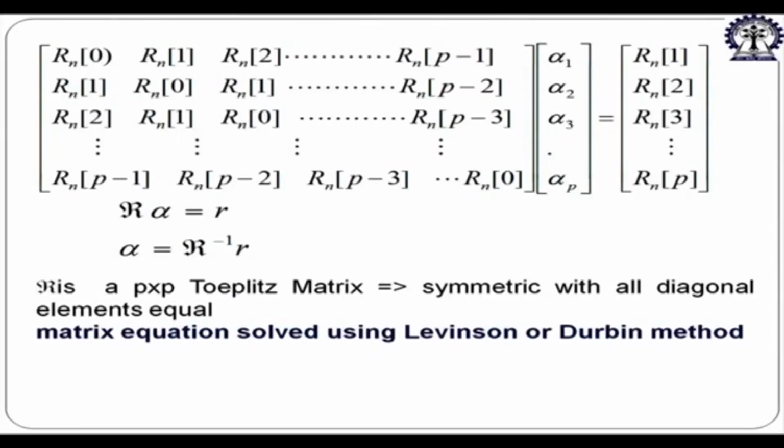So, if I know R_n(0), I can write down the matrix from this equation.